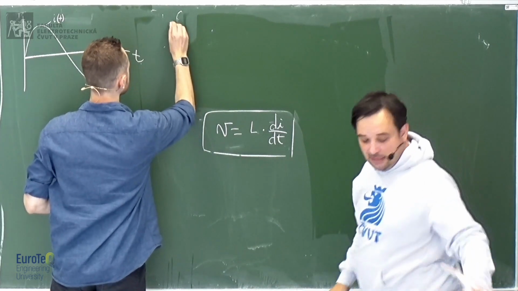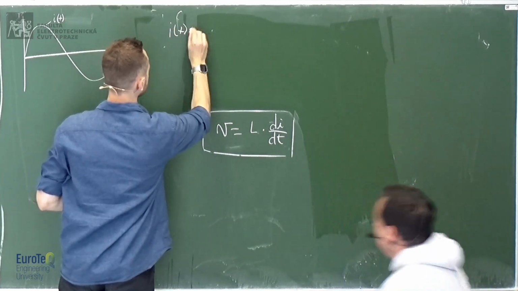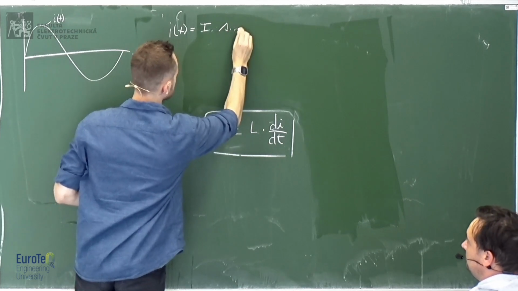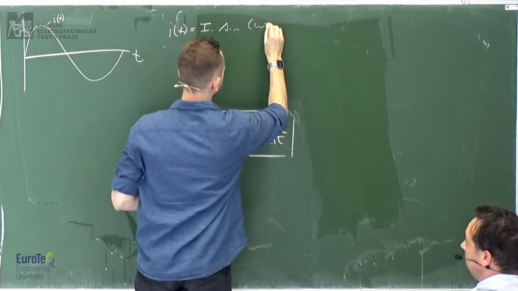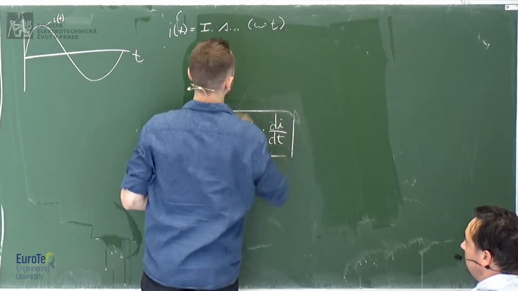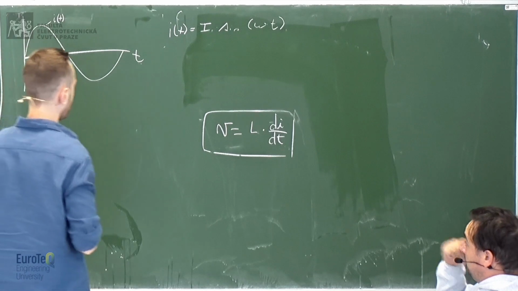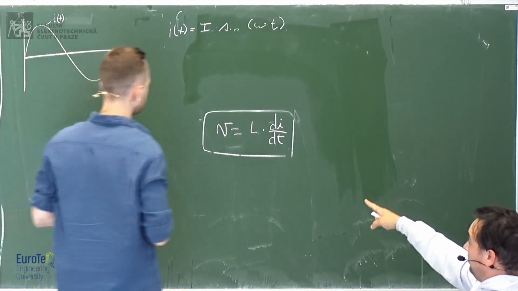So the current as a function of t will be I. Then the voltage is what? L, the derivative of the current.